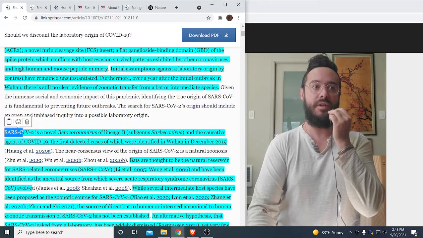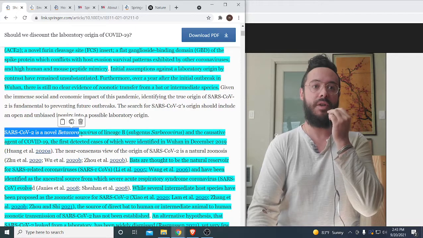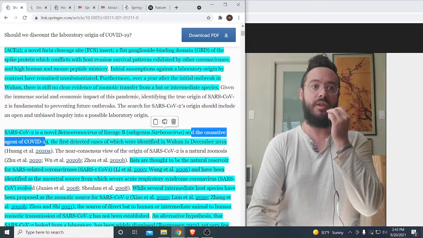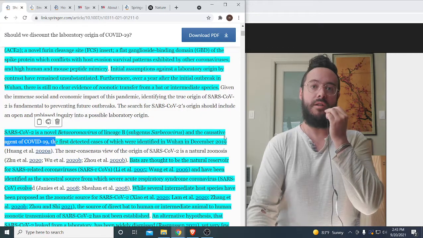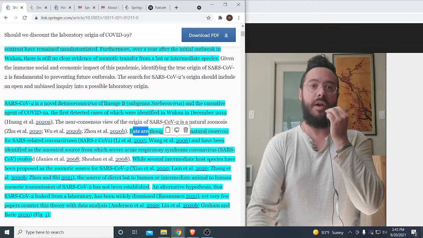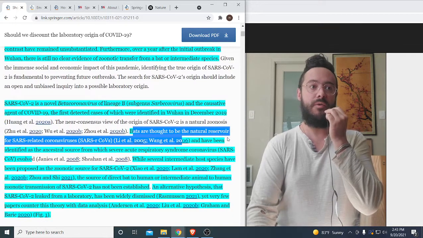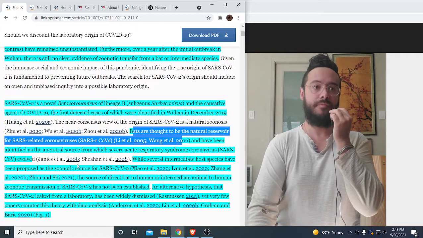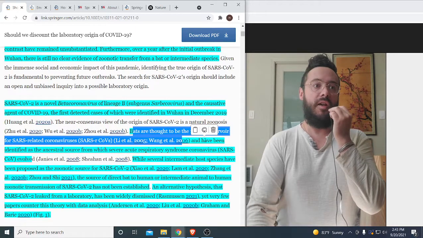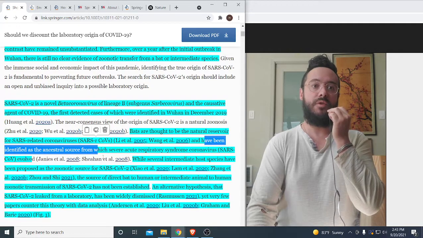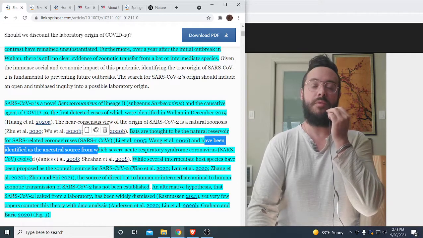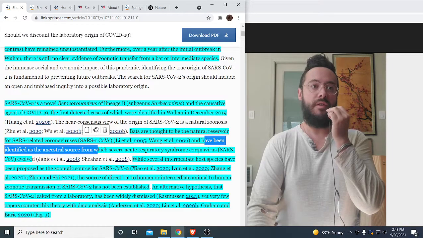It goes on to say SARS-CoV-2 is a natural beta coronavirus of lineage B, and the causative agent of COVID-19. The first detected cases were identified in Wuhan, December 2019. Bats are thought to be the natural viral reservoir and have been identified as the ancestral source from which the severe acute respiratory syndrome coronavirus evolved.